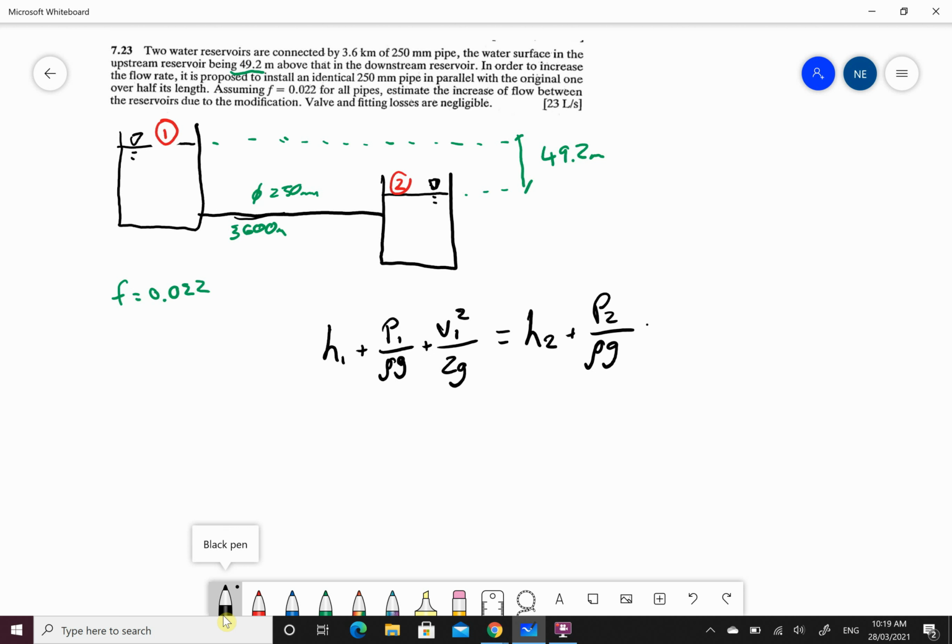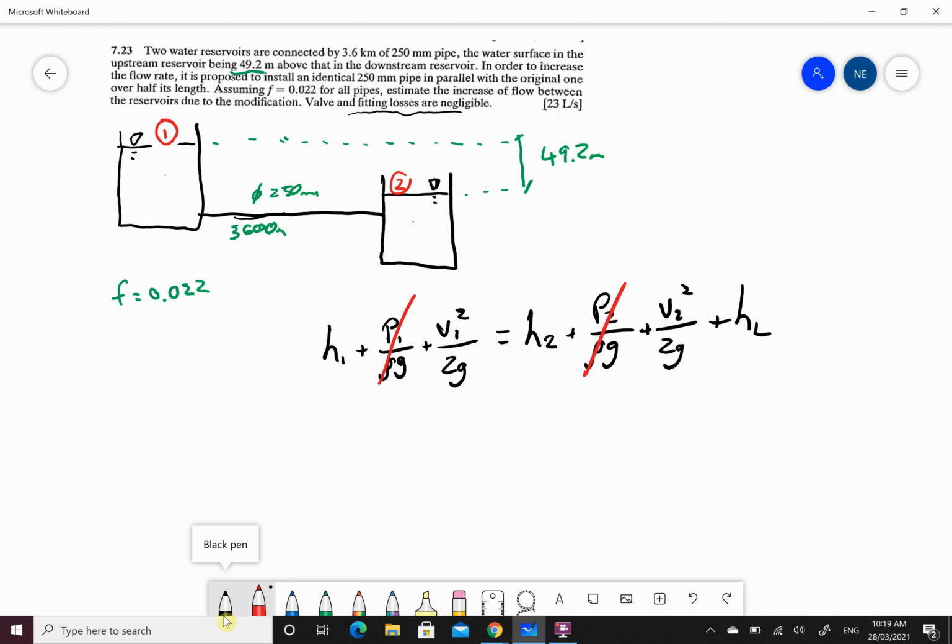Because this time, as we've built upon Bernoulli, we also need to allow for our head loss. We're ignoring valves and fittings, so there's no minor losses, it's just due to friction. So what have I got? Well, if they're open to the atmosphere, dealing with gauge pressure, these become 0.